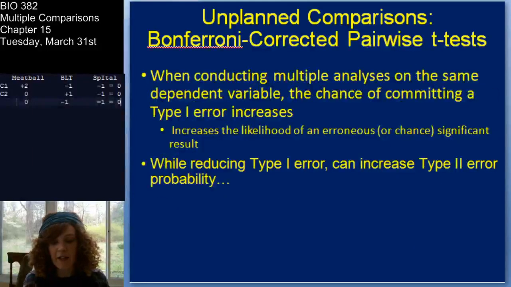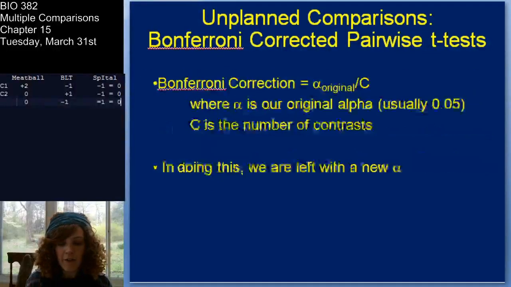So now let's talk about unplanned comparisons because you can go about this in a couple of ways. As I said before, when you're conducting multiple analyses on the same dependent variable, the family of tests, the chance of committing a type 1 error increases. So, Bonferroni corrected pairwise t-tests.